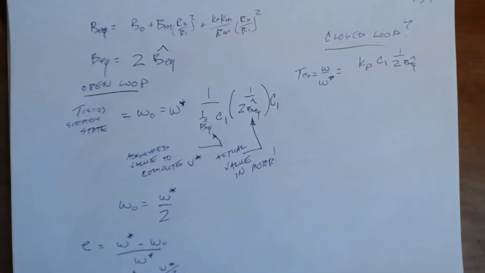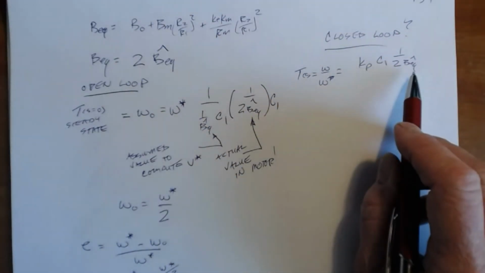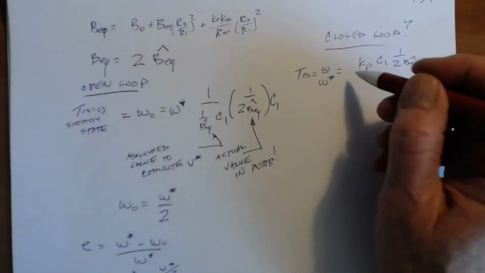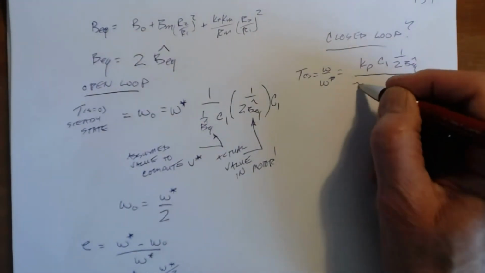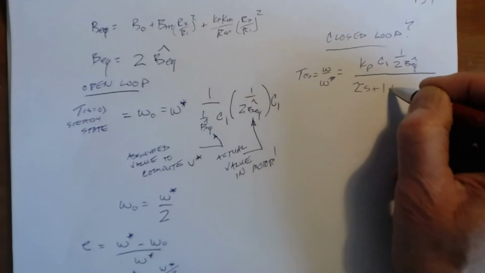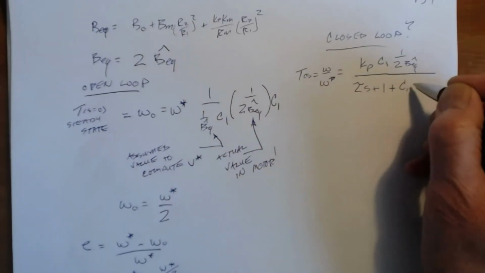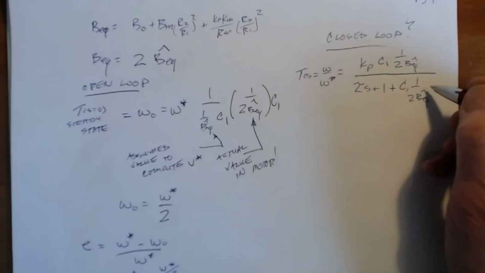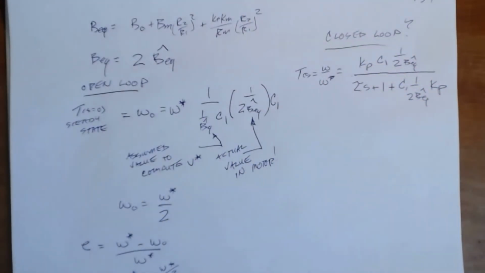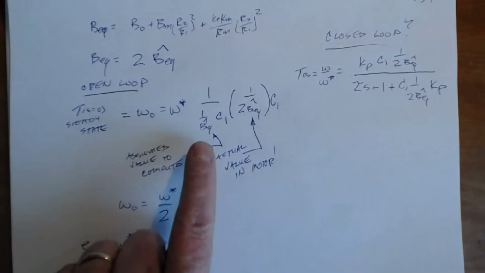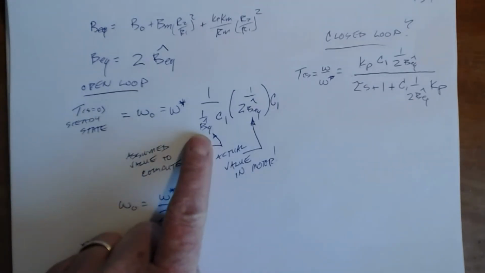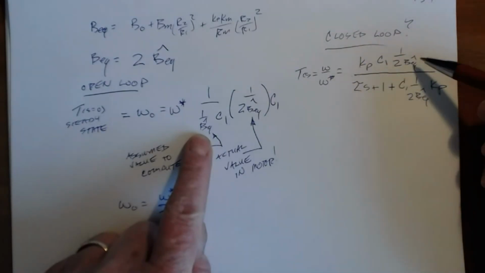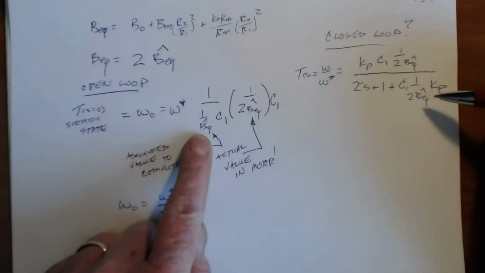That's what's really in the motor, and this is divided by tau S plus 1 plus C1 1 over 2 B equivalent hat times Kp. So in this one, we never did use the assumed damping value, the parameter value. We just put our controller around it and we calculate what this stuff is.